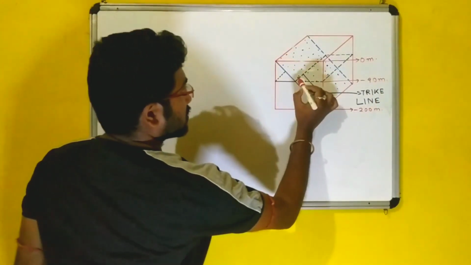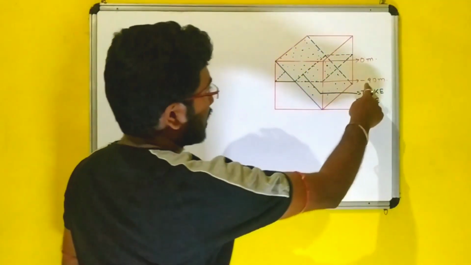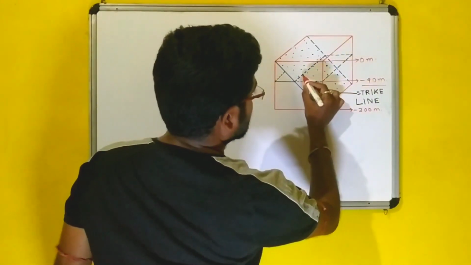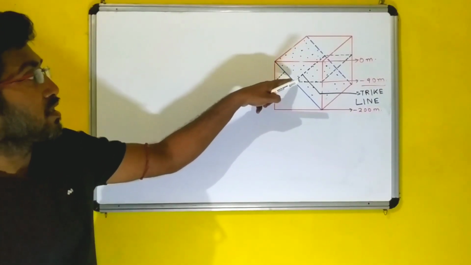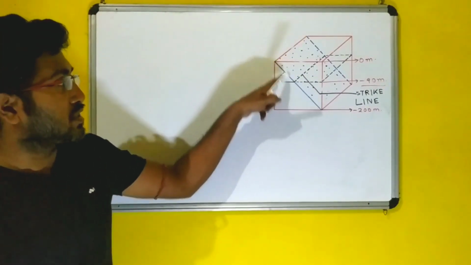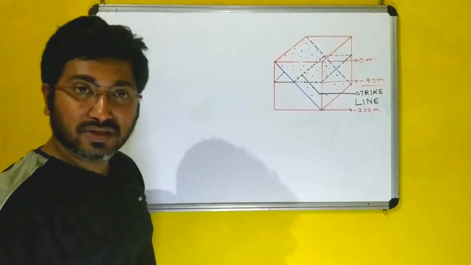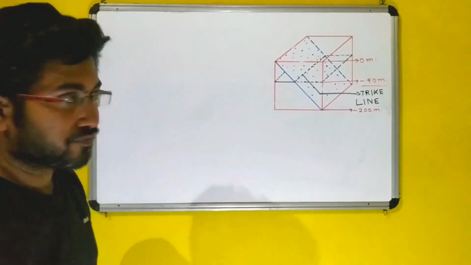So this is the strike line, minus 90 meter strike line, this one minus 90 meter, because at minus 90 meter the horizontal plane is intersecting this inclined plane and this straight horizontal line is generating. So the line represents the minus 90 meter strike line.